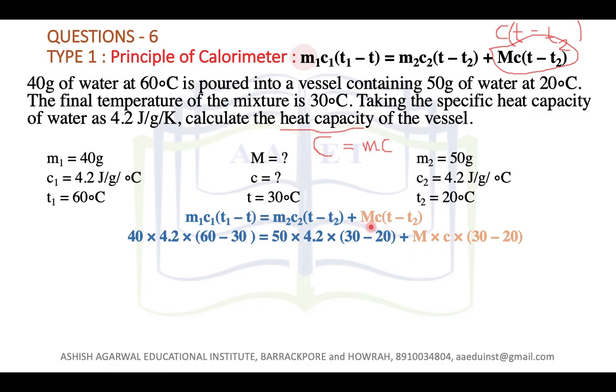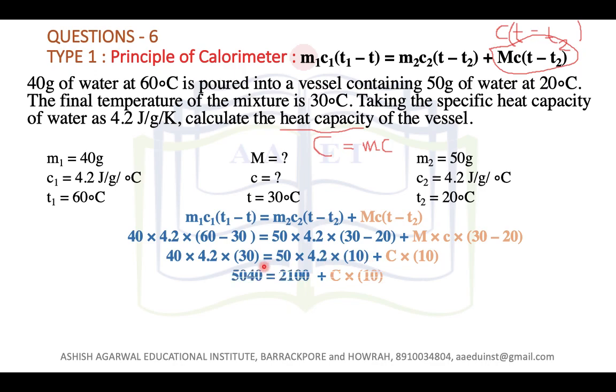This capital M and small c we don't know, let it be like this. So in the next step, we substitute this capital M and small c with capital C, as I just said. And 60 minus 30 will give us 30, and 30 minus 20 will give us 10.